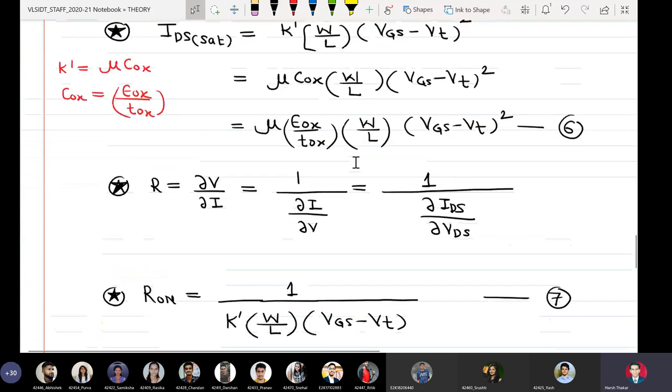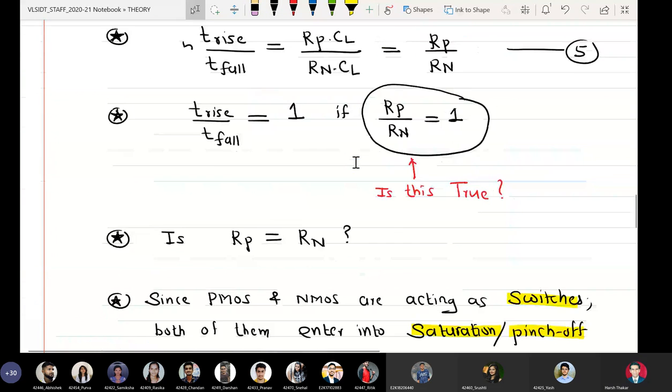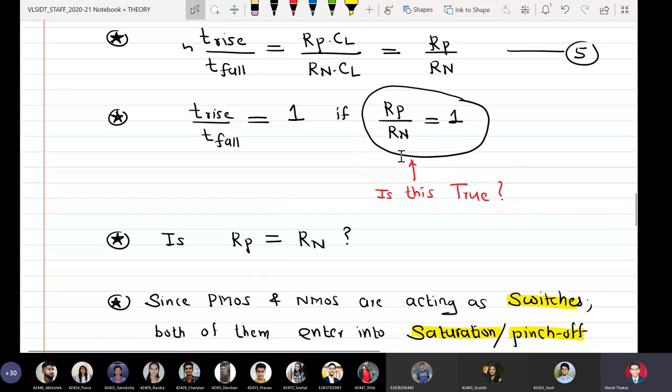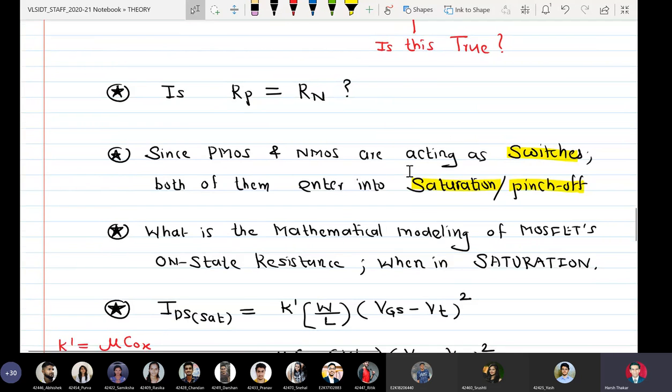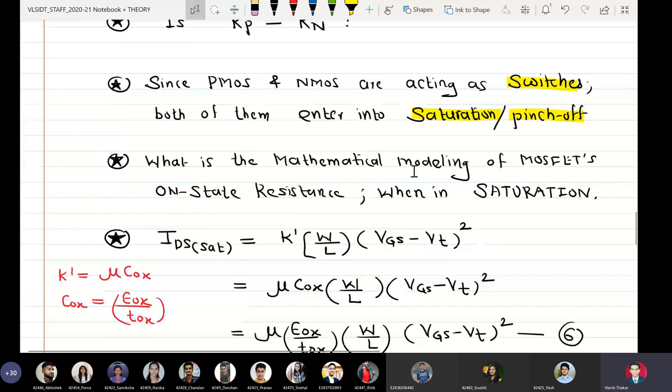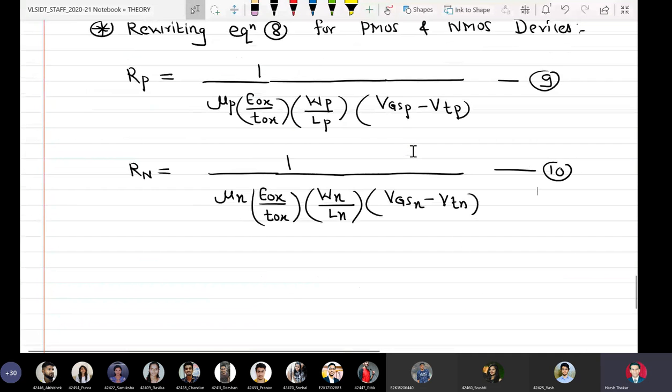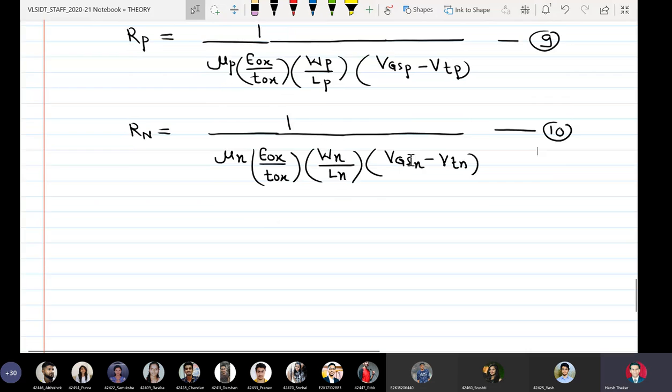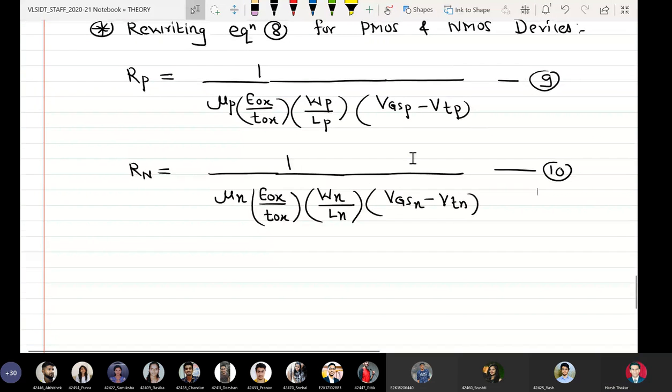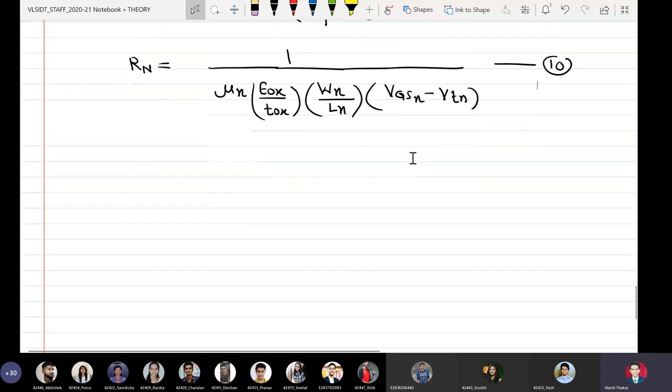Now we go back to this relationship that T rise will become equal to T fall only if RP is equal to RN. So now we have obtained the relationships between the onset resistance of MOSFET and the geometry of the MOSFET.